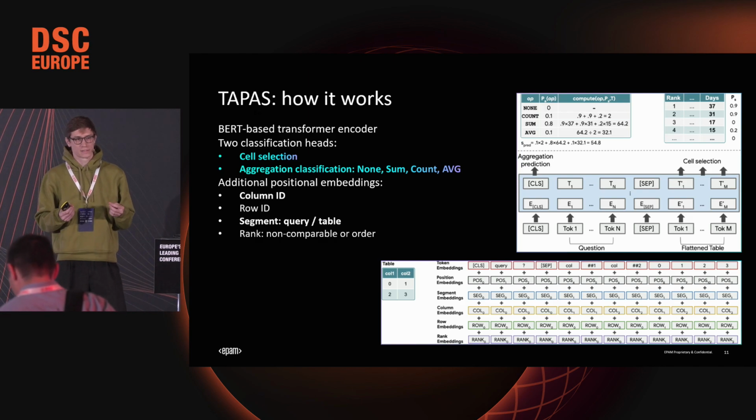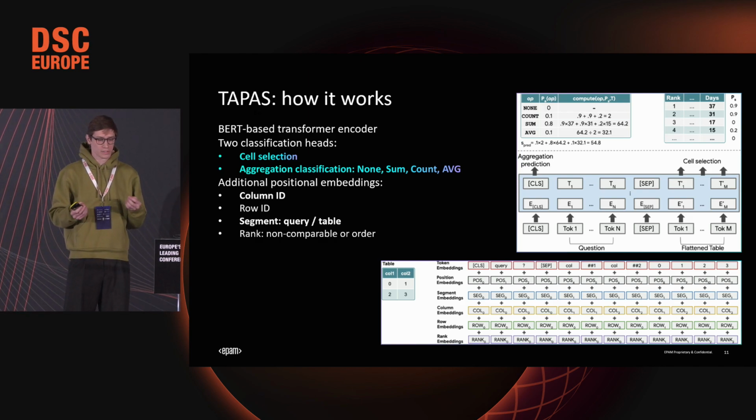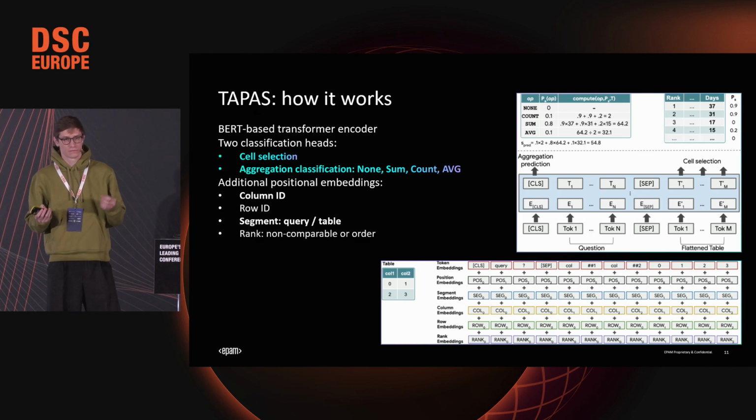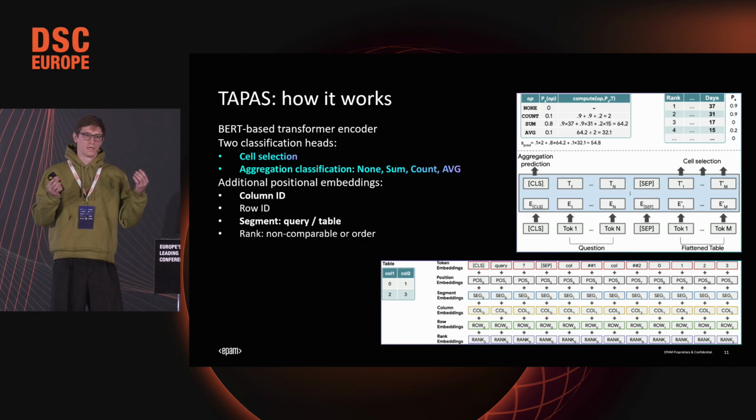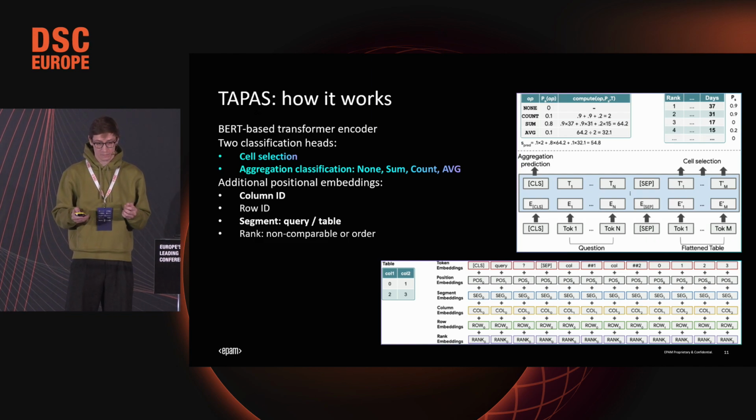And also, it's capable of capturing structure of the table using different types of positional embeddings for column IDs, row IDs. It also can try at least to capture the difference between comparable data in the table and just text, for example. And of course, it differentiates between query and the table as an input.